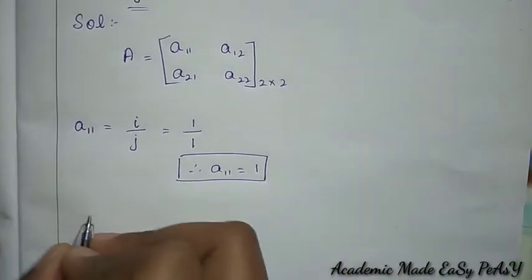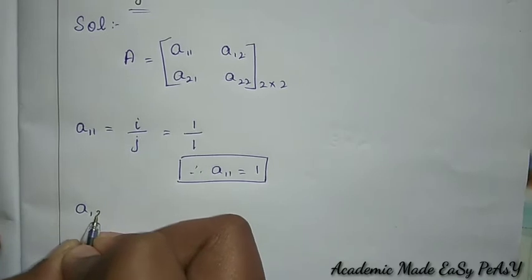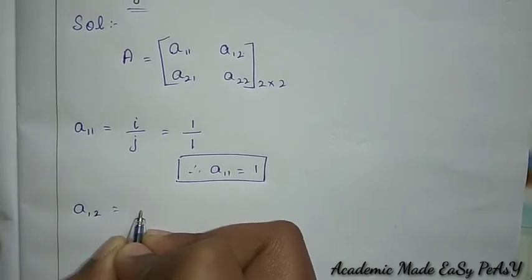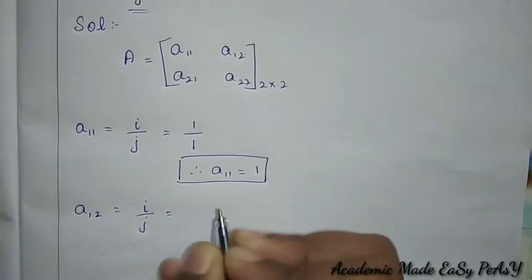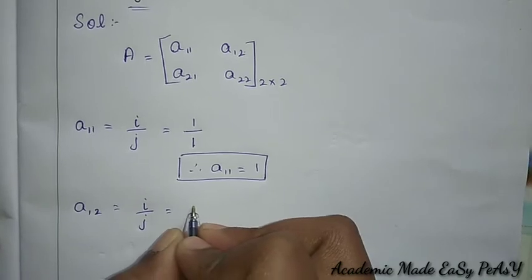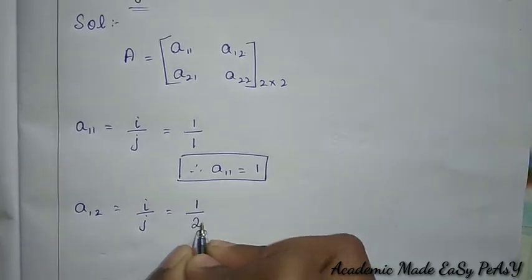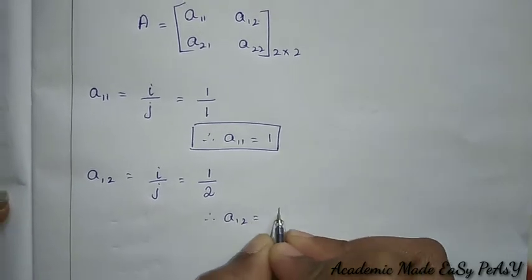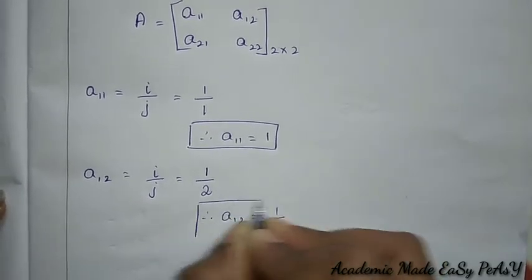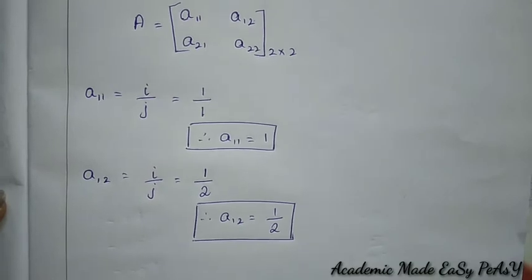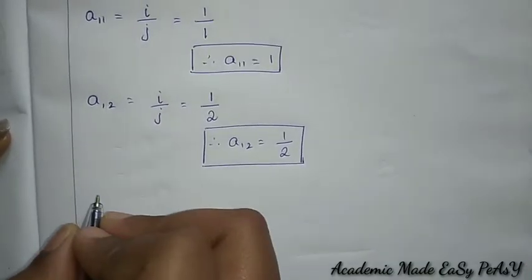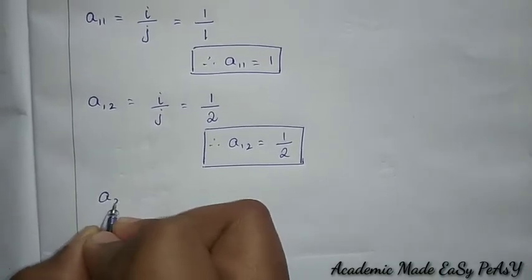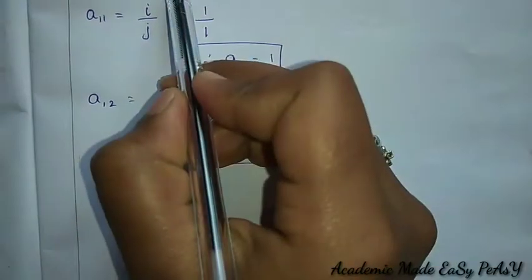Next is A12. So A12, i by j. So therefore I will have i is 1 and j is 2. So therefore A12 is equal to 1 by 2. So next I will have A21. So here it is A21 only.